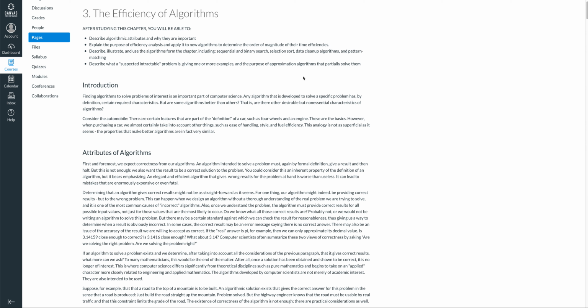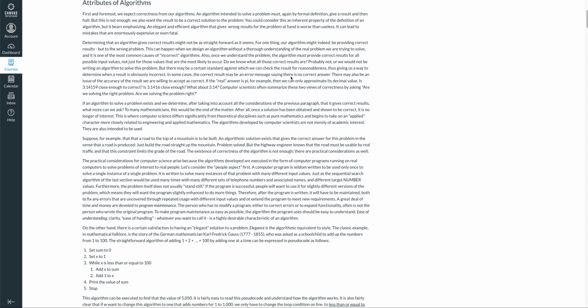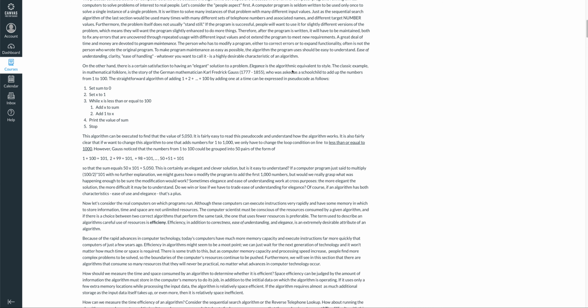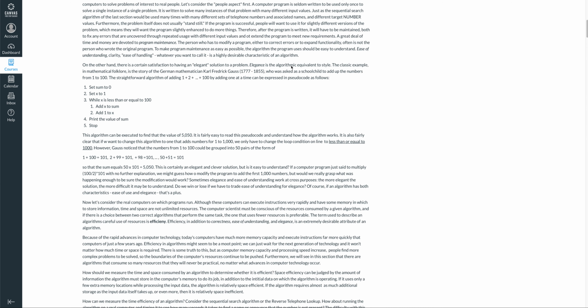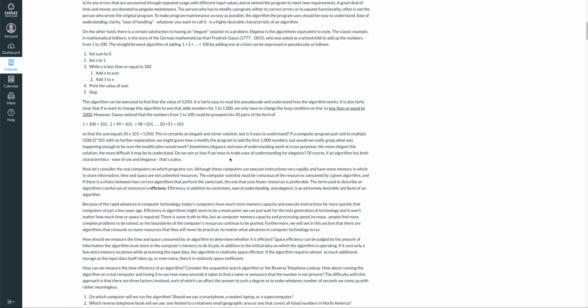What is an example of an elegant algorithm? An example is one that Gauss used. The story is that he was being really annoying in class, so the teacher told him to add all the numbers from 1 to 100. Instead of adding them all, he said, hey, I can make 50 pairs of 101.